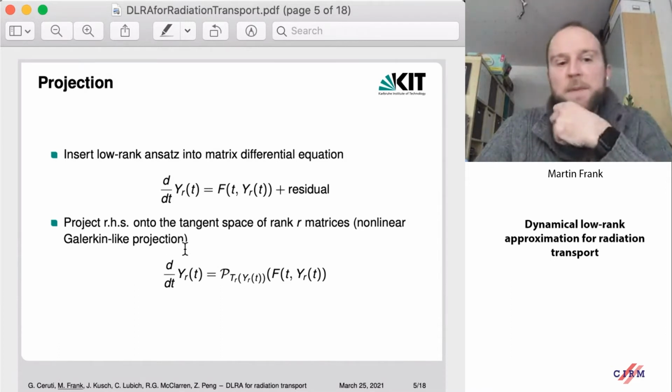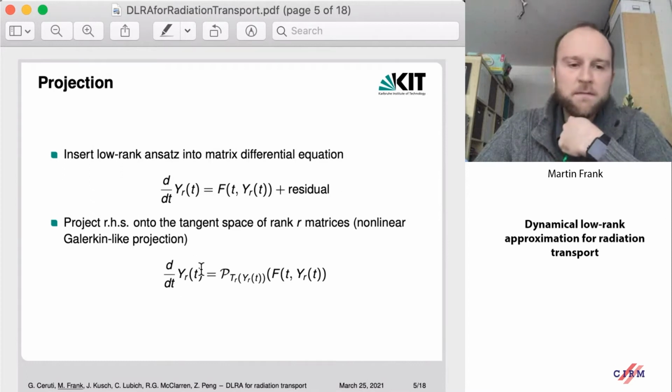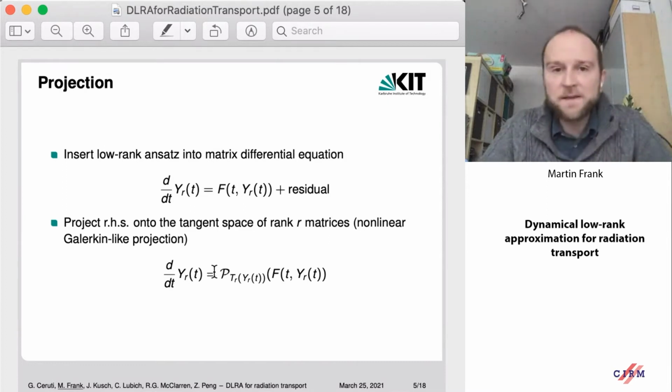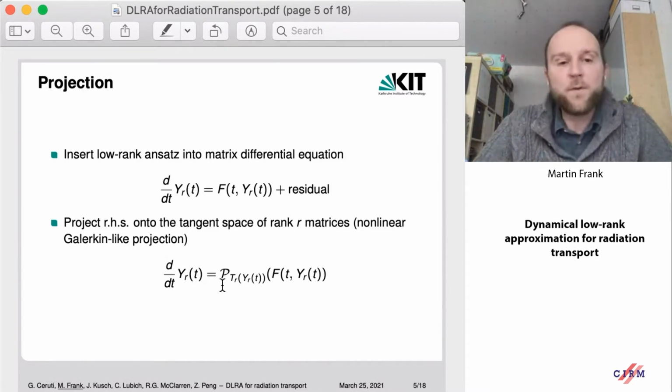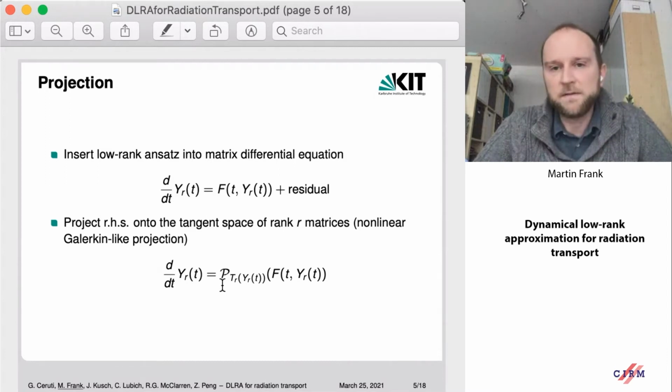And so in this way, I make sure that if I start with a low rank matrix, if I project the right-hand side onto the tangent space, then the time derivative of this thing is in the tangent space, and I remain for all times in the space of low rank matrices. So that's why I need to project the equation.